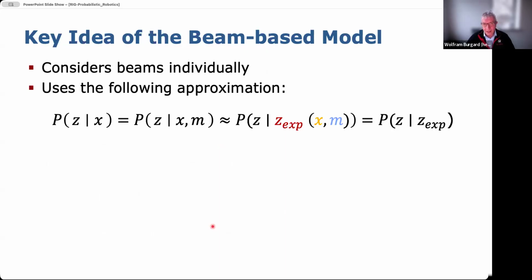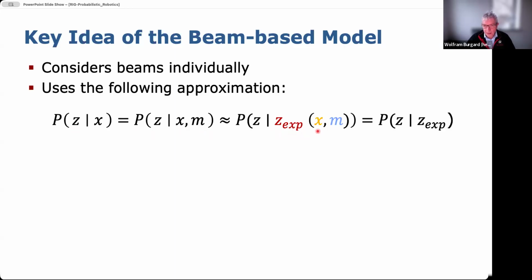So the key idea of this beam-based model is to basically get away from this location dependency, right? So what you see here is that we need to estimate the probability of the observation given the robot is in state X, which is basically the likelihood of this measurement given the robot is in X and the map is M. And what we're doing now is performing what is called a raycasting operation, right?